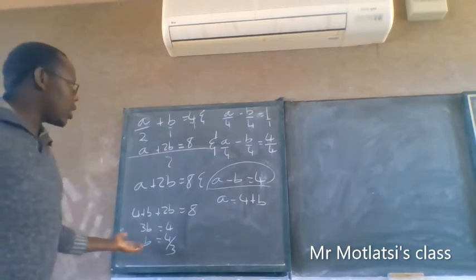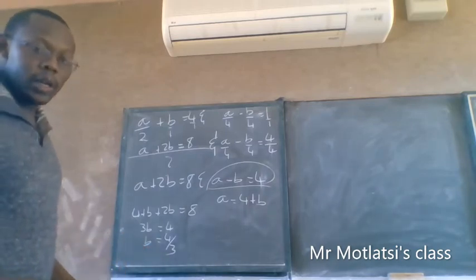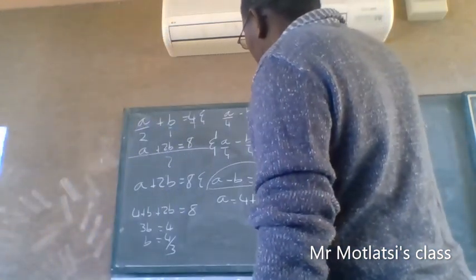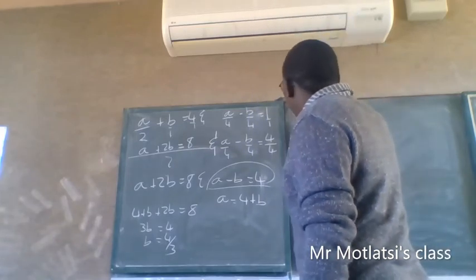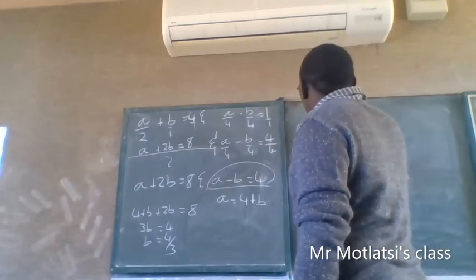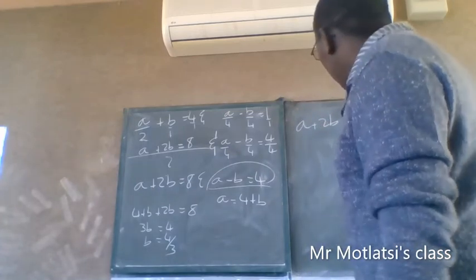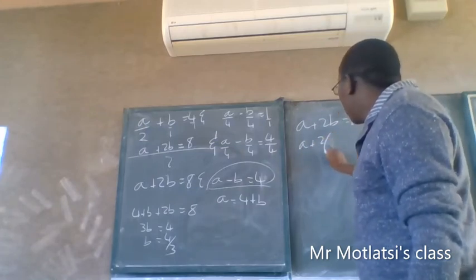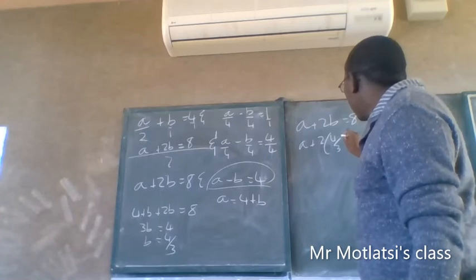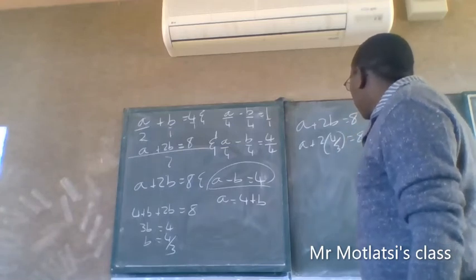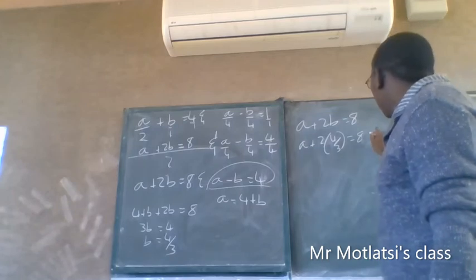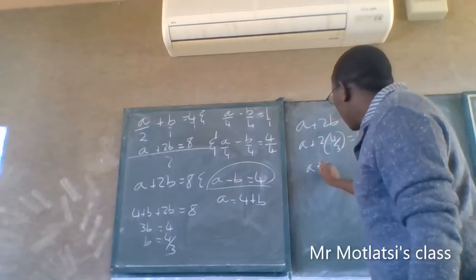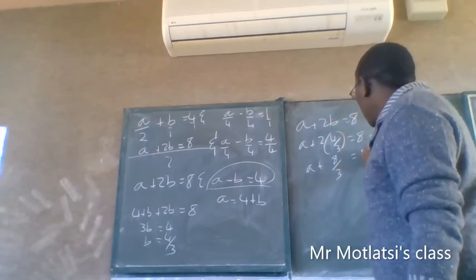All right, what about A? Now that you have this, you can actually solve for A. Let's see how you can solve for A. Now, you have A plus 2B is equivalent to 8. And then you substitute for B in this equation. A plus 2 times 4 over 3 equals 8. And then what you have here is A plus 8 over 3 is equivalent to 8.